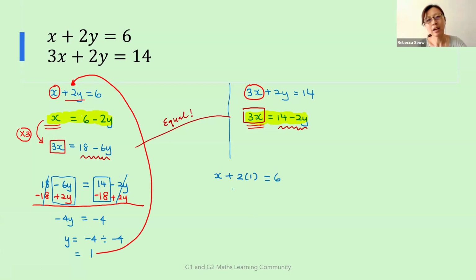From here, I'll simplify. 2 multiplied by 1 gives me 2. And from here, I am able to solve for the value of x. So therefore, x equals 4 and y equals 1. I'm going to move on to the next question, which will be similar to this.